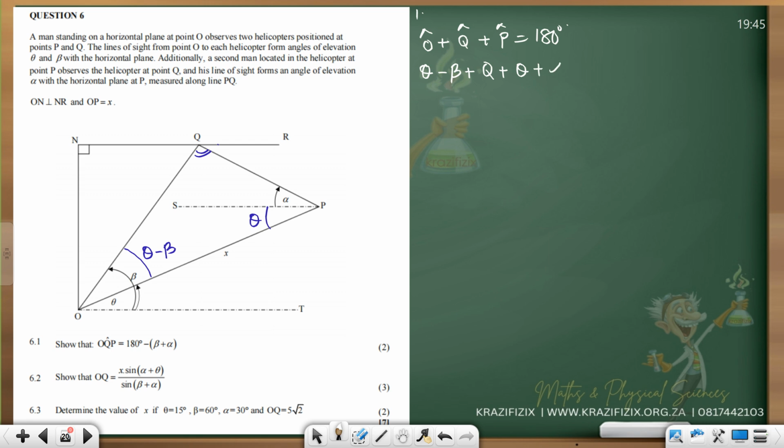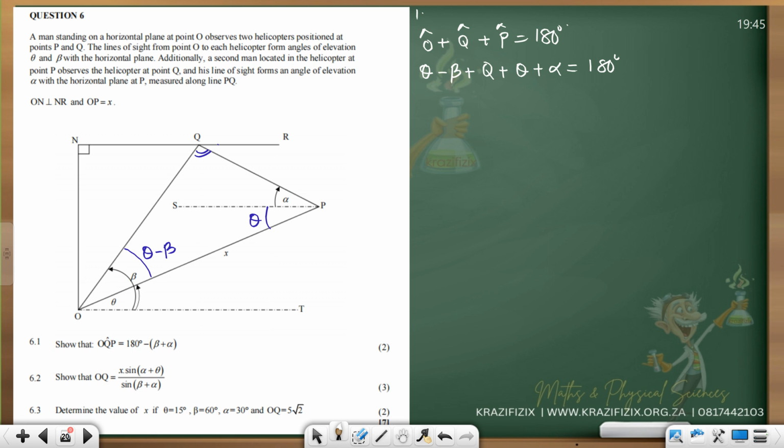Theta plus alpha. Is anything cancelling out here? Why do I have alpha? Yes, there's alpha.